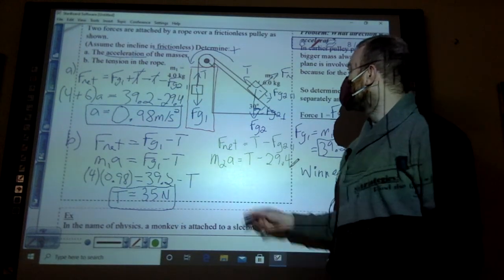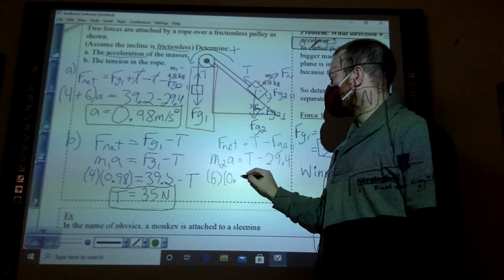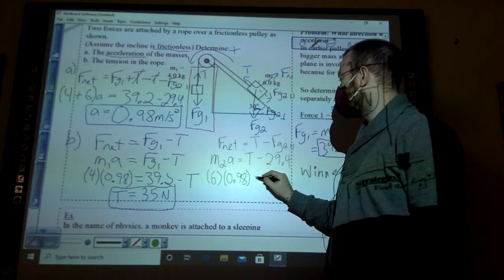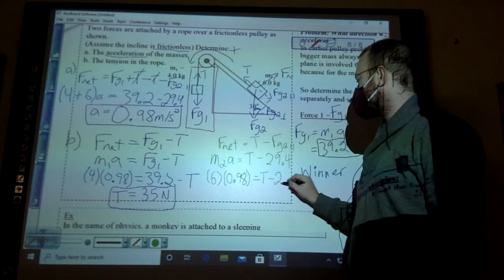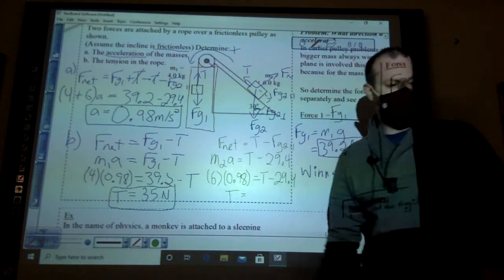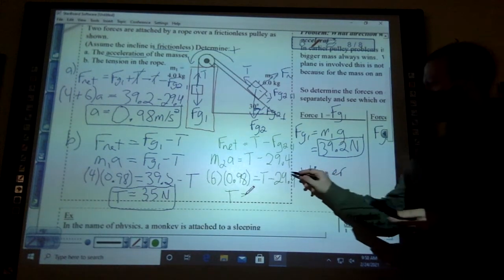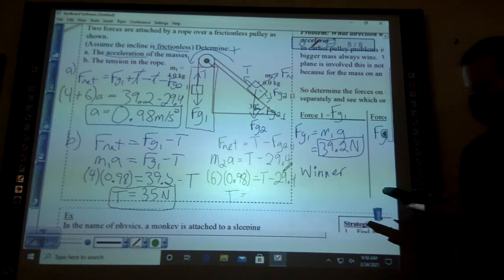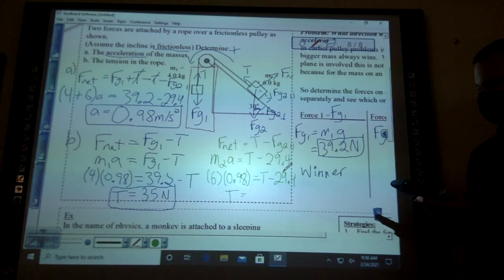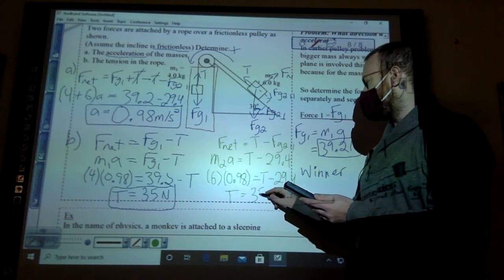I have M2, 6 times 0.98, equals tension minus 29.4. Exactly 35.28 again.